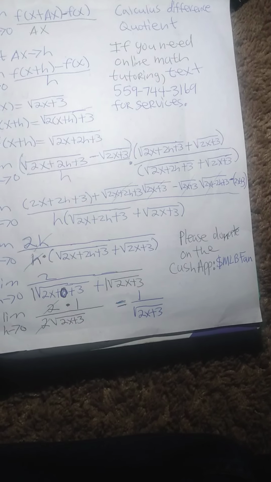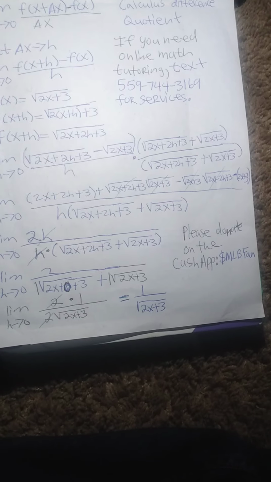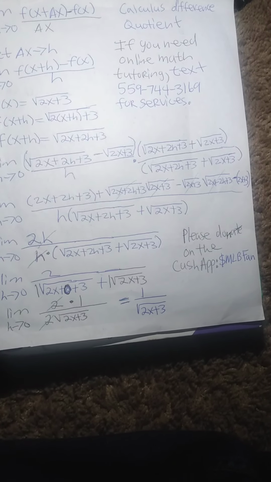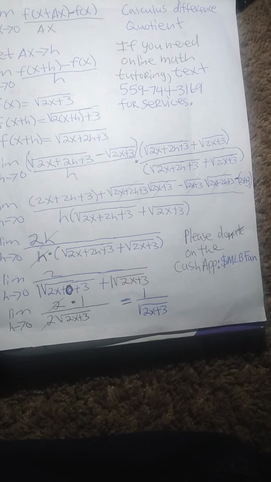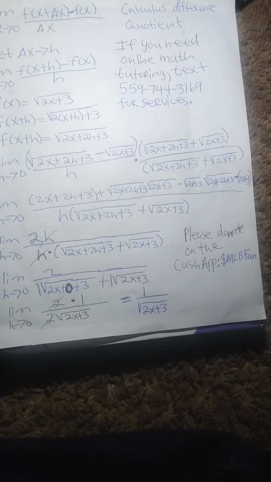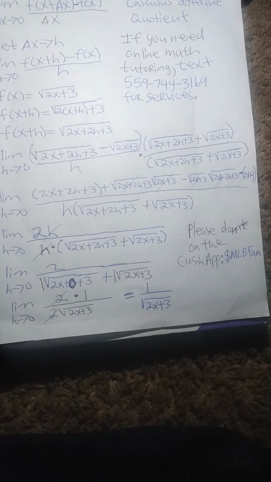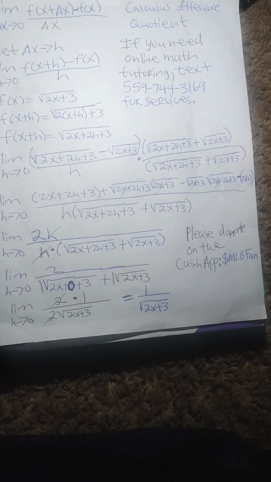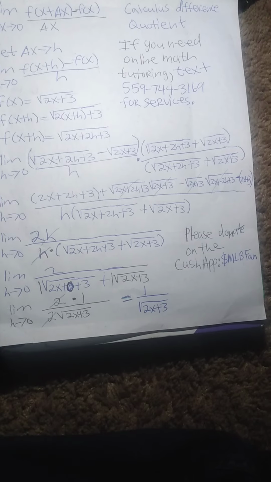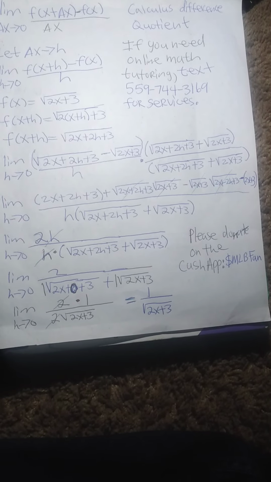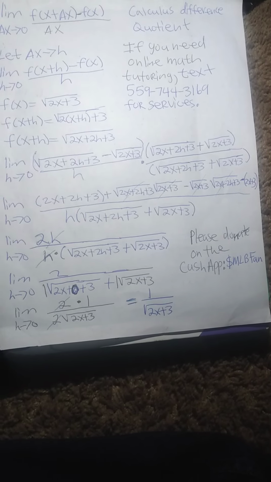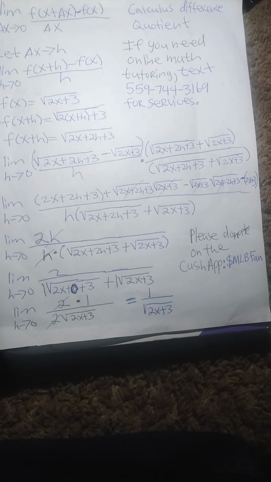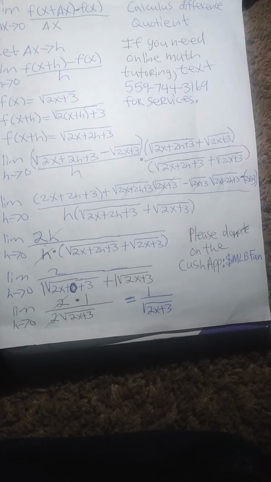So now we are left with the limit as h goes to 0, and we must bring the limit as h goes to 0 straight down with every step that you take, as shown on the paper. 2 divided by the square root of 2x plus 0, and that is replacing the h, plus 3, plus the square root of 2x plus 3.